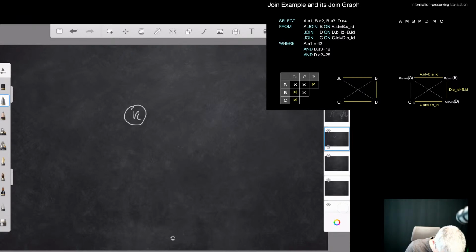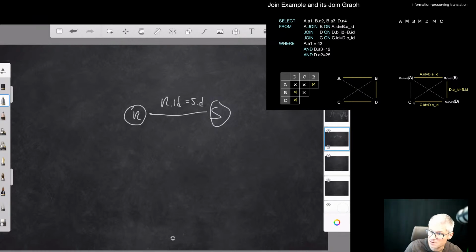Let's say this is R. This is S. You have a join condition r.id equals s.d. That's my join condition. And I have a filter predicate saying r.id equals 42.